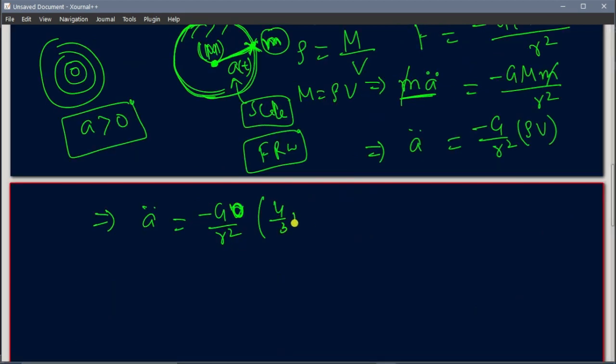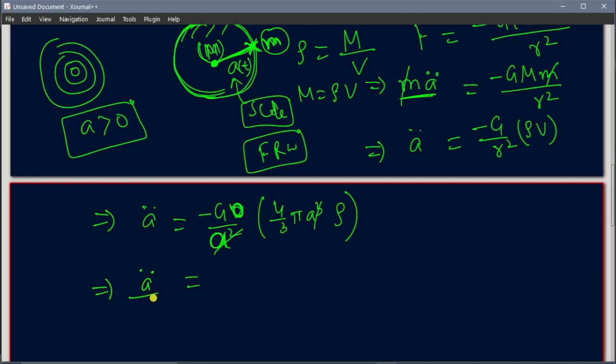Volume is 4 by 3 pi a cube, where a is the radius. Therefore r is the same as a, so we have this a square, and a will be this one.